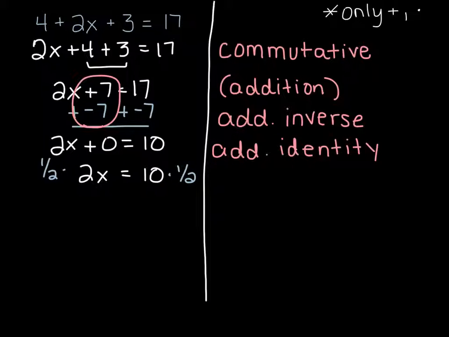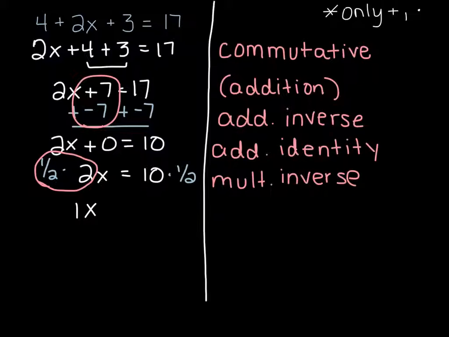Okay? And the reason I would want to do that is right here, what I have going on is the multiplicative inverse. Because 1/2 times 2 is really 1. So now this is going to say 1x equals, and then 10 times 1/2 is 5. Okay?